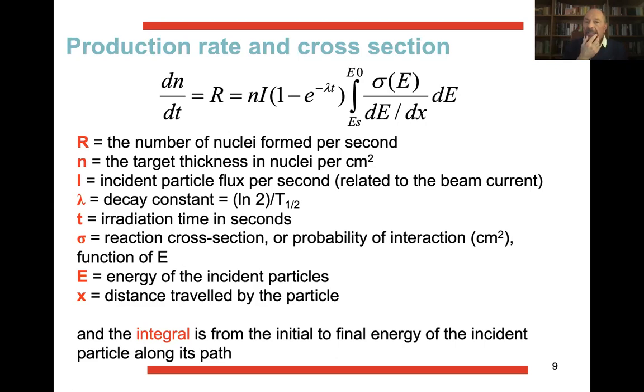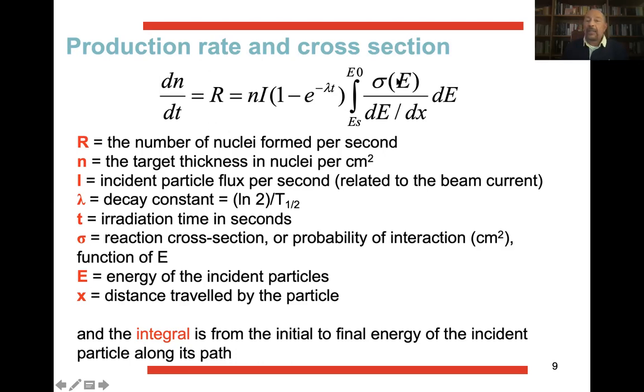Now, very important is this quantity, the production rate. It essentially gives you the number of nuclei of the compound you want formed per second, so it's dN over dt. This number of nuclei formed per second can be expressed by this formula, where N is the target thickness in nuclei per square centimeter. I is the flux, the intensity, so the incident particle flux per second. Lambda is the decay constant.